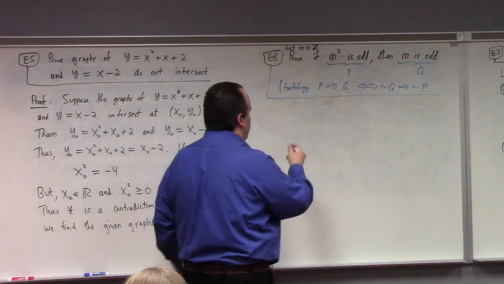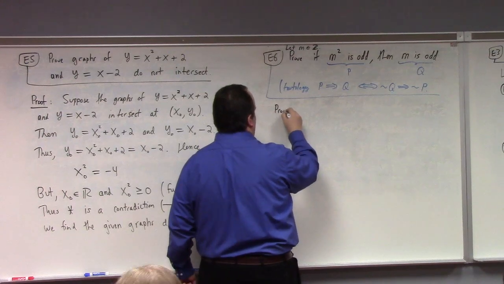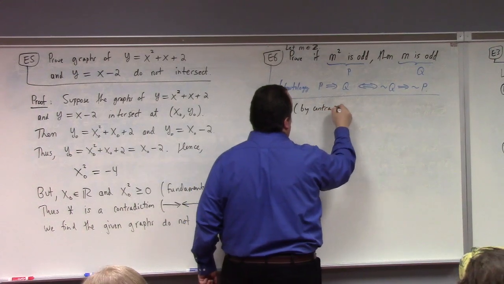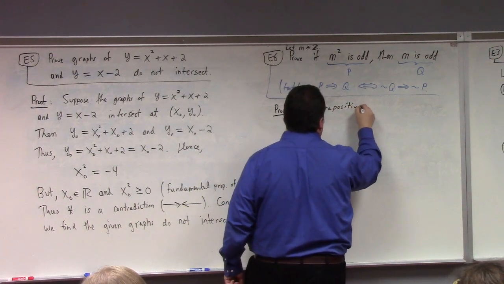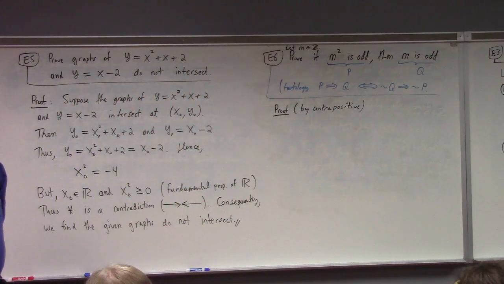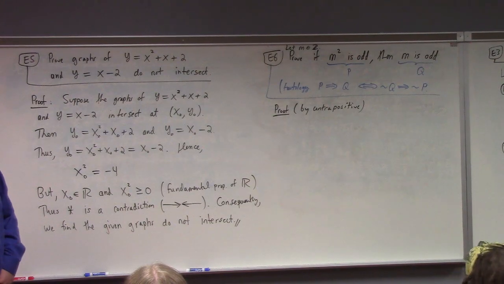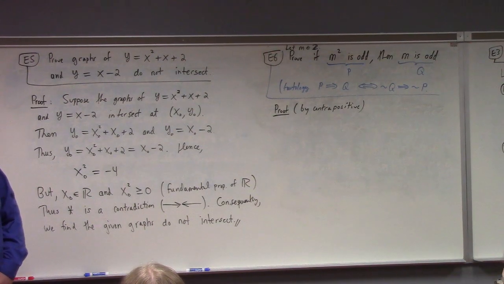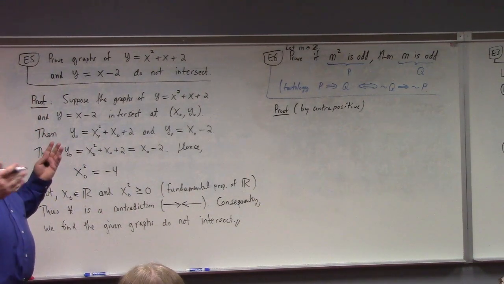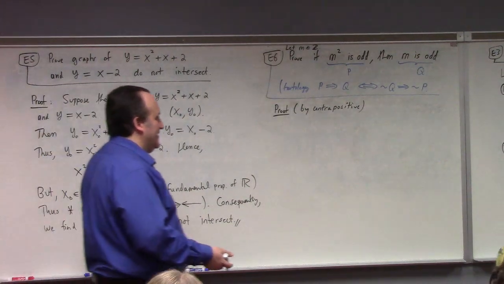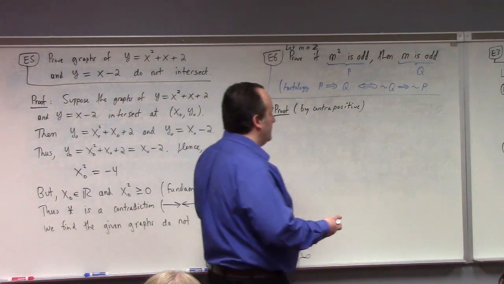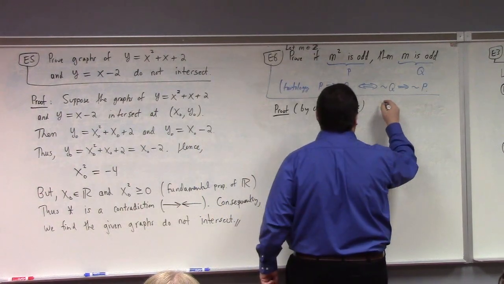So here's the proof. Usually I say "by contrapositive" to warn my reader that I'm doing it. If I'm reading a book and they're using this and I don't realize it, it confuses the heck out of me, right? Eventually I come to it like, oh, wait a minute, this is logical. But it takes me a second because I'm looking for the direct proof and they're giving me this thing here. So we'll suppose m is not odd.